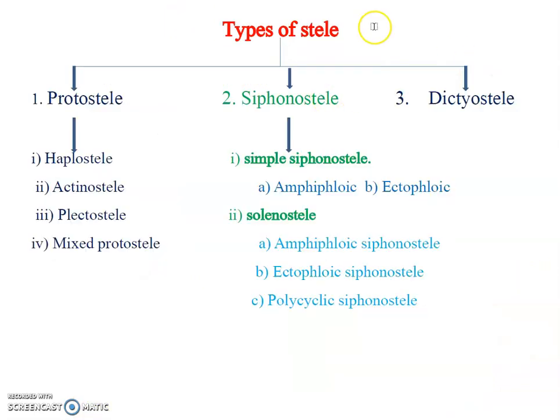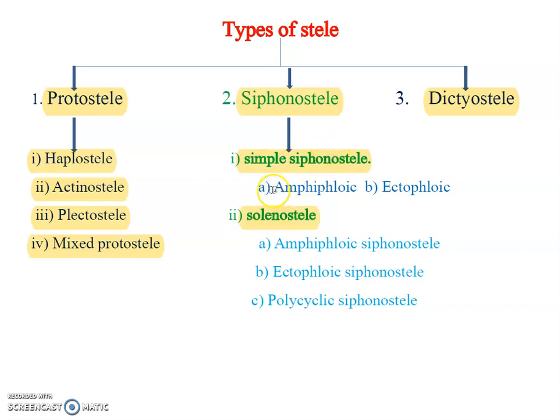So, types of stele. There are three major types: protostele, siphonostele and dictyostele. Protostele is again divided into four types: haplostele, actinostele, plectostele, mixed protostele. Then siphonostele is divided into two major groups: simple siphonostele and solenostele.